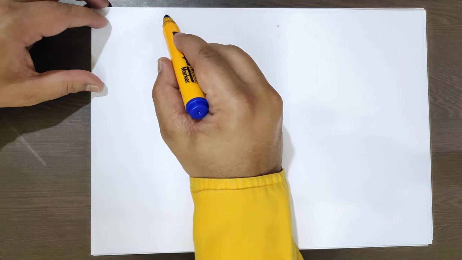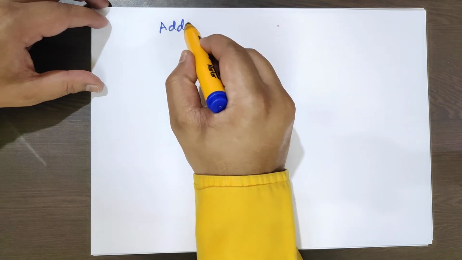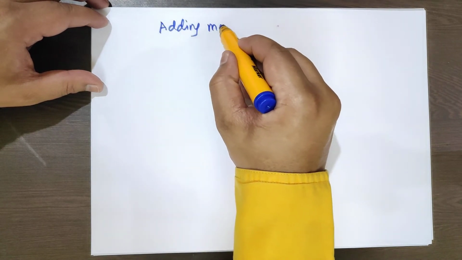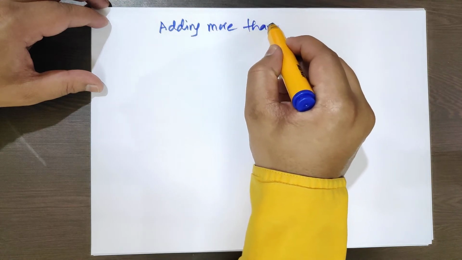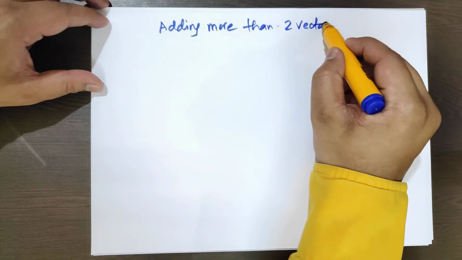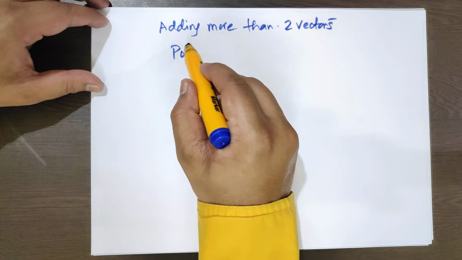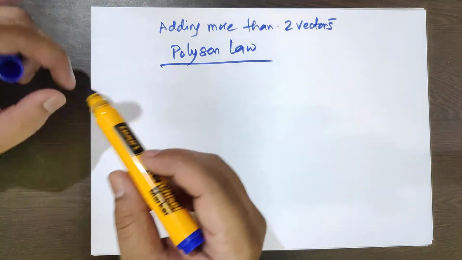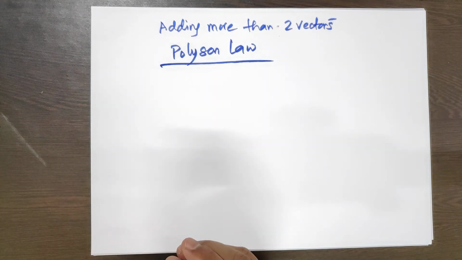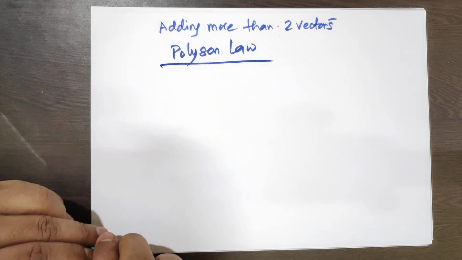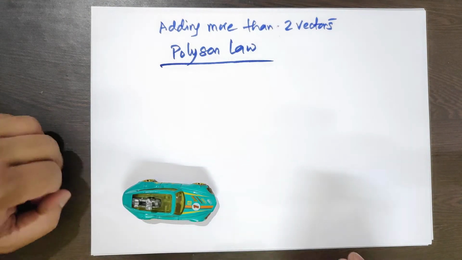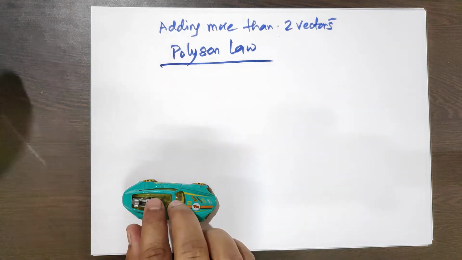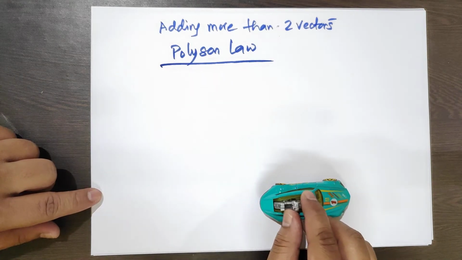Now we'll see how to add more than two vectors. So adding more than two vectors, the law we apply is the polygon law. It is very simple to understand. Suppose I have a car and the car moves from this point to this point.